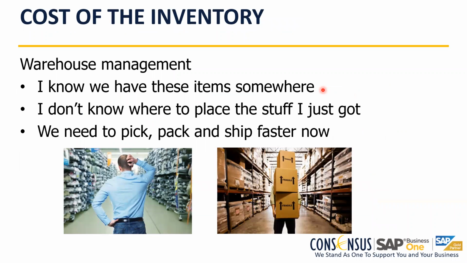So as mentioned before, warehouse management is an area where companies put a lot of emphasis, but not enough, in my opinion. So I have my warehouse. I know that I have to be more efficient managing my warehouse, for example.